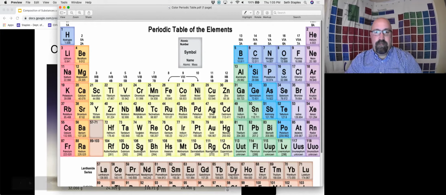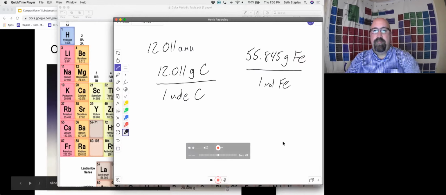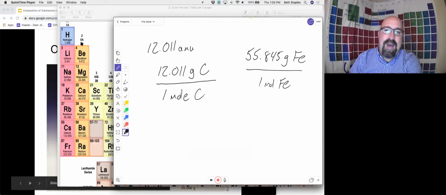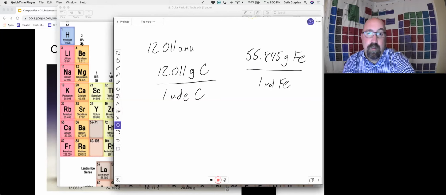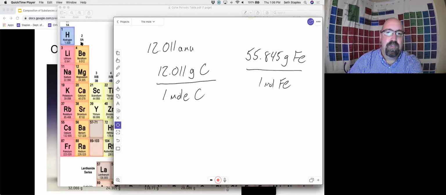And so 55.845 grams of iron per 1 mole of iron. We're going to use this quite a bit. This is going to be one of the more common conversion factors that we use in converting back and forth between grams of something and moles of something. And we'll take a look at that in just a second.